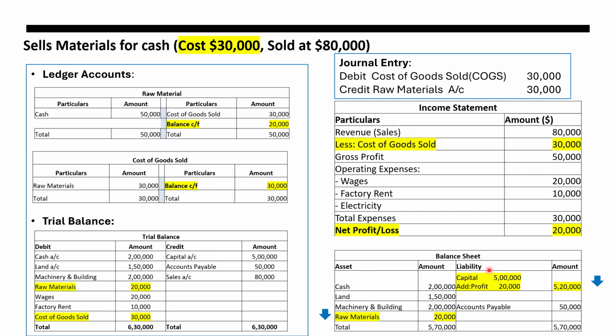Whereas on the asset side, raw material has reduced from 50,000 to 20,000. So there is a reduction in capital when compared to what it was before this transaction, and on the asset side there is a reduction in raw material, thereby tallying the balance sheet on both the assets and the liability side.